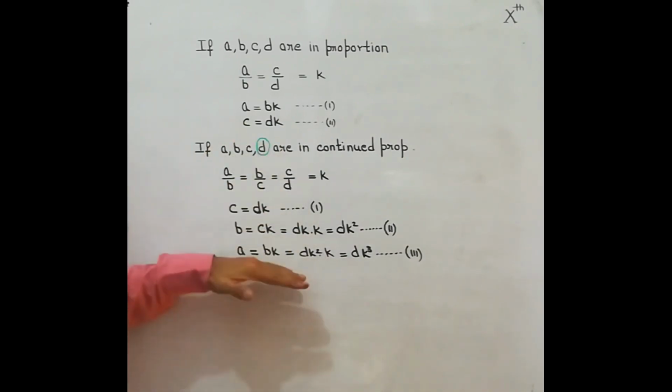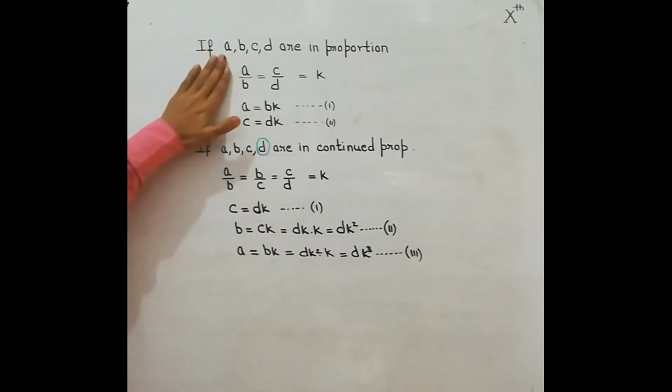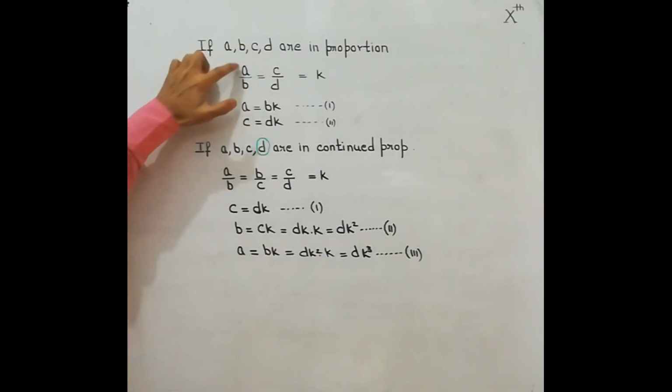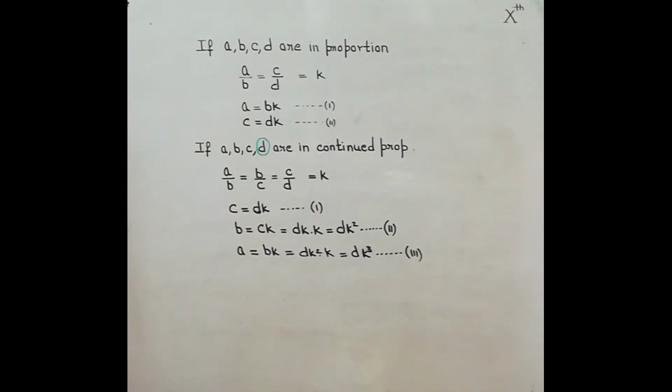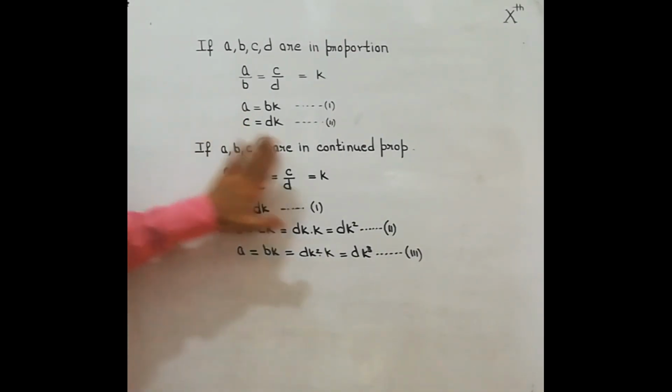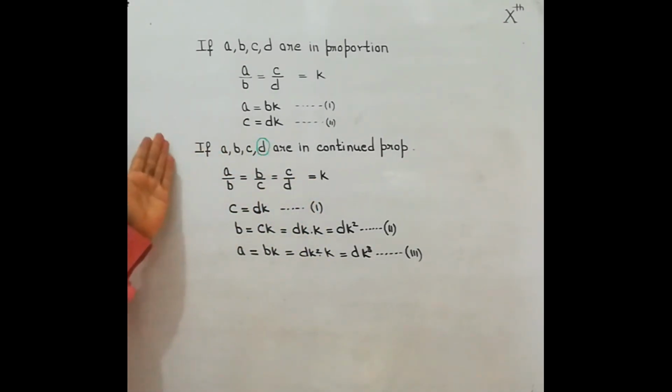But if they are not in continued proportion, then only substitution for the numerator terms A and C. B and D will remain as it is. But in continued, only the last will remain as it is and all the ones lying before it will be replaced.